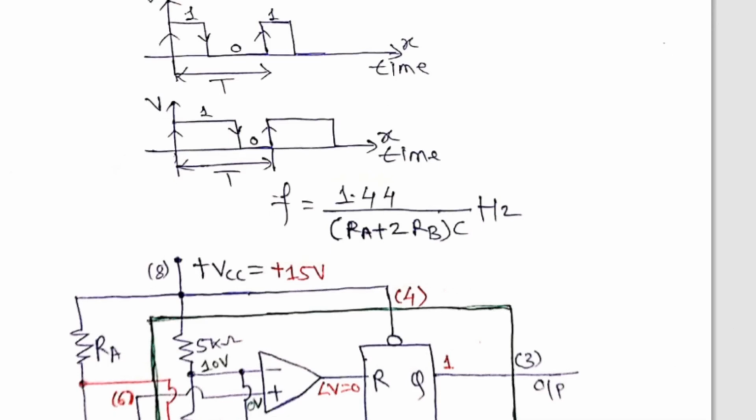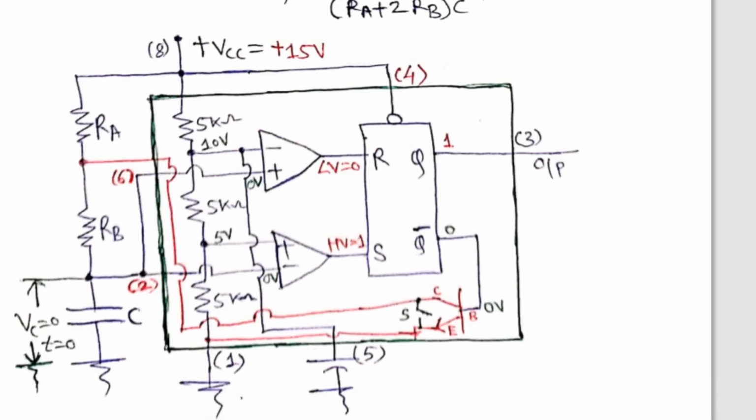see here, when you consider this RA and RB, when the power supply is on, RA and RB both are responsible for charging, because current flows through RA as well as through RB and goes to C. But when the discharging takes place, when this switch is closed, only RB is responsible.